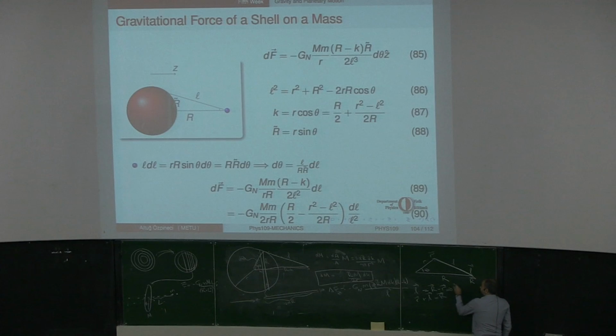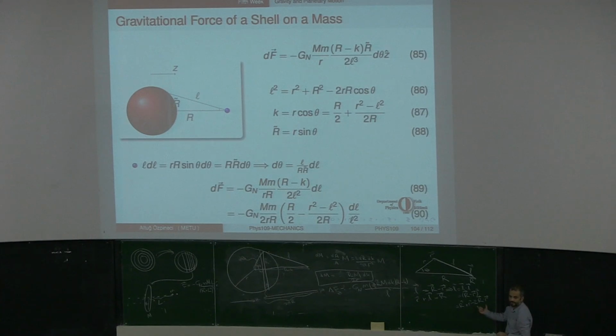Now, L squared is nothing but L vector scalar product with itself. If I use this expression, this is equal to capital R vector minus small r vector squared. If I take the square of this expression, it is the square of this one, capital R squared, plus the square of this one, small r squared, minus twice the scalar product of these two vectors.